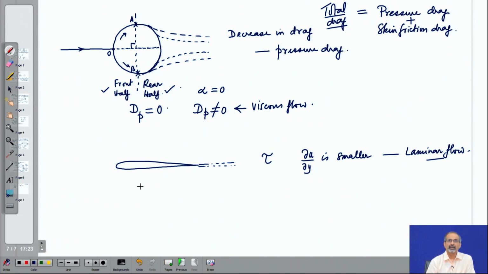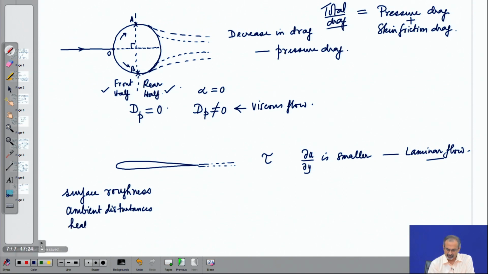We need to remember that there are certain factors which can augment turbulence. If the surface roughness is high, then turbulence is created earlier, that means the critical Reynolds number reduces. It can be also caused by certain ambient disturbances in the form of acoustic disturbances, vibrations, etc. If you heat up the wall over which the boundary layer is formed, it will augment turbulence.